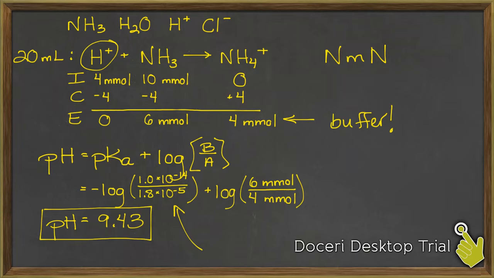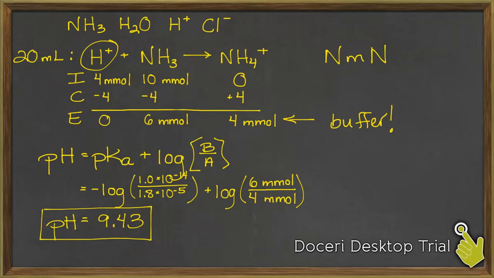And so I had to think about this formula, which you can always use. All right, so that's why I did that division right there, because I needed to turn the Kb into a Ka. And my final answer was 9.43.